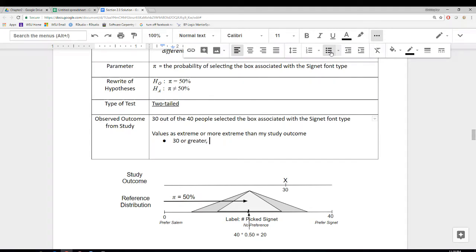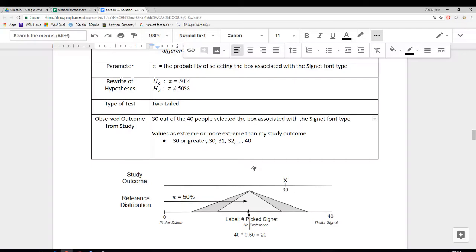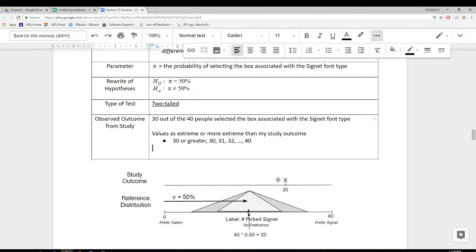So I'm going to need to highlight the probability values for 30, 31, 32, all the way up through 40 there. Those are values that are 30 or greater, so those are as extreme or more extreme on the right-hand side.